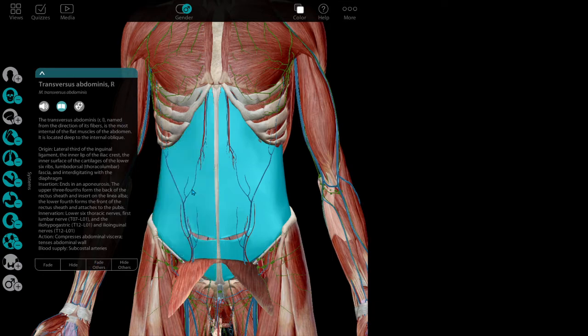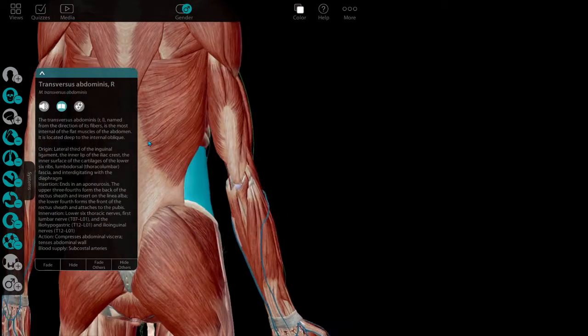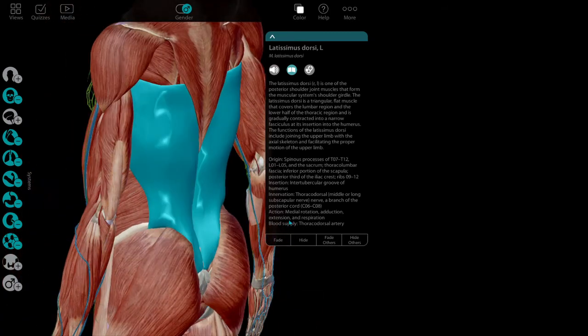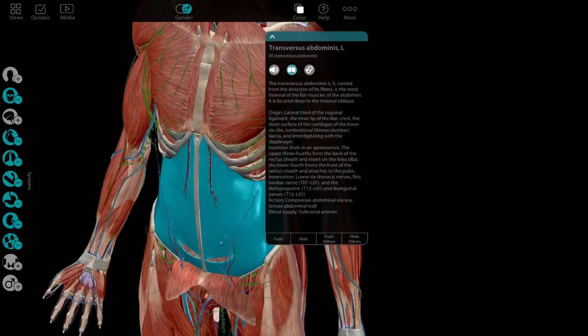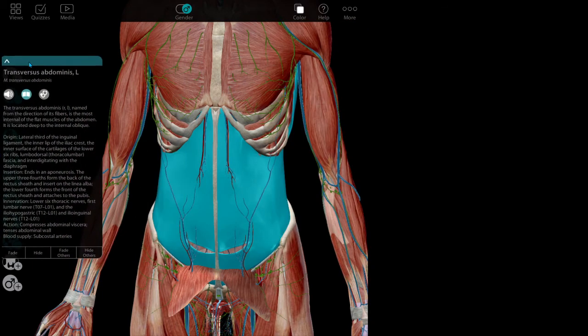Okay, so you have here your transversus abdominis. This is your girdle muscle, the abdominal girdle. Basically, it is responsible for preventing your love handles from sagging. Its fibers run in a transverse manner. If you look at the back, it runs to the back.